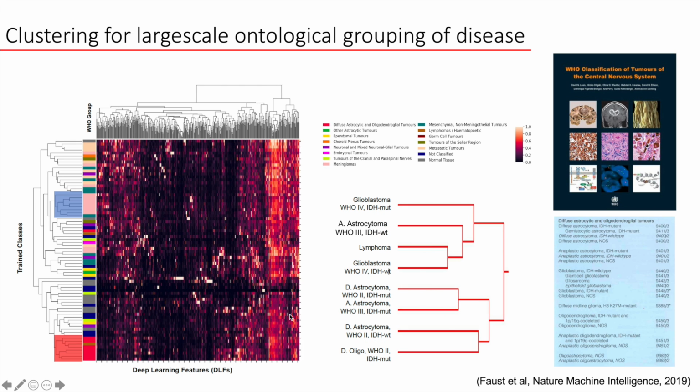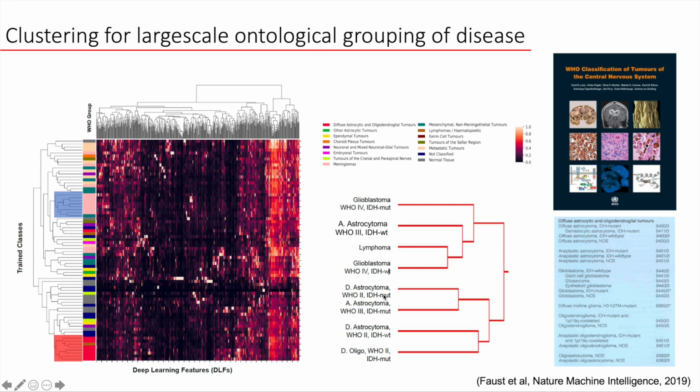And here's just another example of another cluster where the computer intelligently grouped together these different types of gliomas, diffuse gliomas, which of course is also equally as impressive.